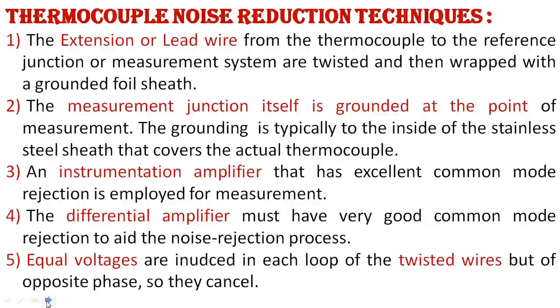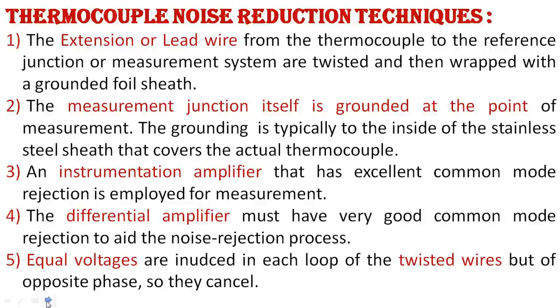Now the next concept is the noise reduction techniques of thermocouples. The extension or lead wire from the thermocouple to the reference junction or measurement system is twisted and then wrapped with a grounded foil sheath. The measurement junction itself is grounded at the point of measurement, typically to the inside of the stainless steel sheath that covers the actual thermocouple.